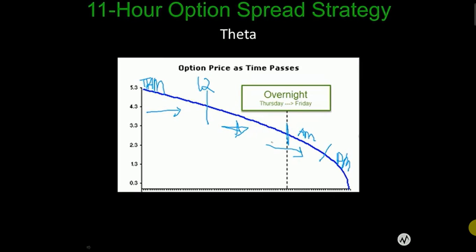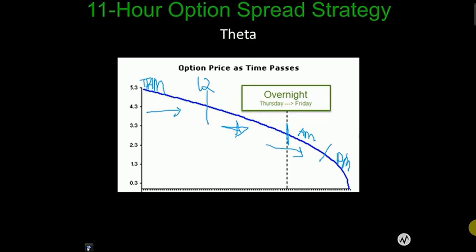If it behaves counter to what we're expecting, it can go a little bit against us, but once it stops that opening move, then it can really start to drop in value. That's what I'm trying to point out, that you understand that theta decay is working rapidly in your favor, and that's the primary driver of the trade.